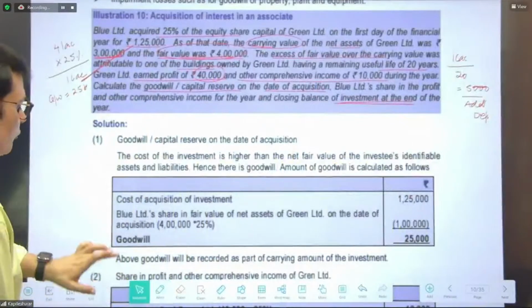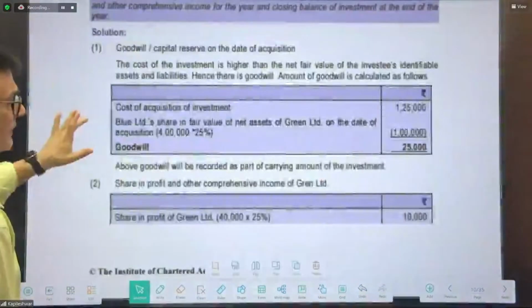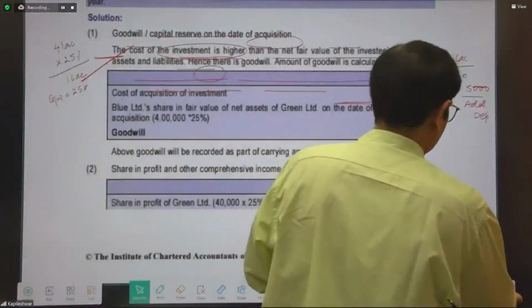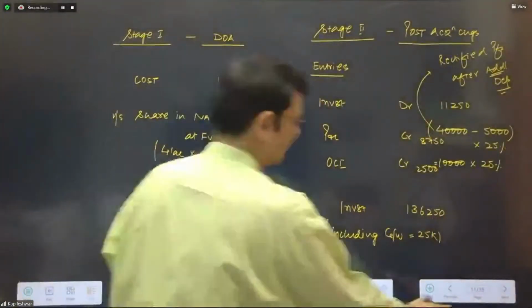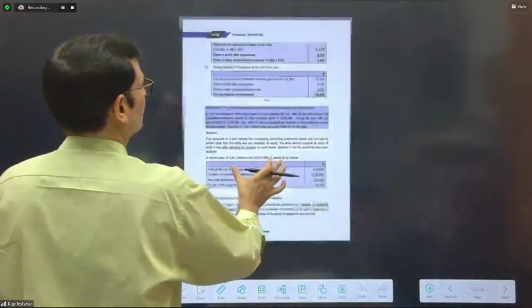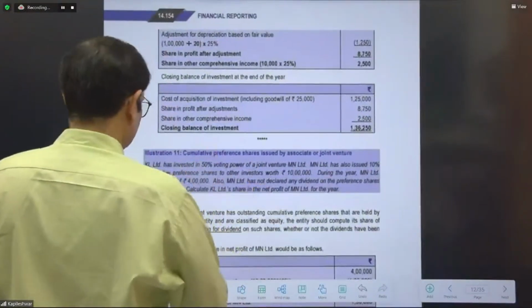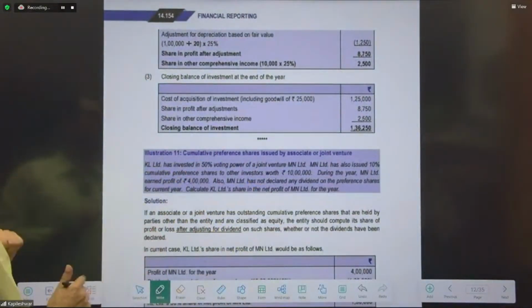We can just quickly run through the solution as well, though I've already presented it. So this is the figure of 25 goodwill. Then let's have a look further. And I guess we can have a look at the value of the investment, though I've given you the entries for clarity of thought. But you can see very clearly in this case, the workings have been done.